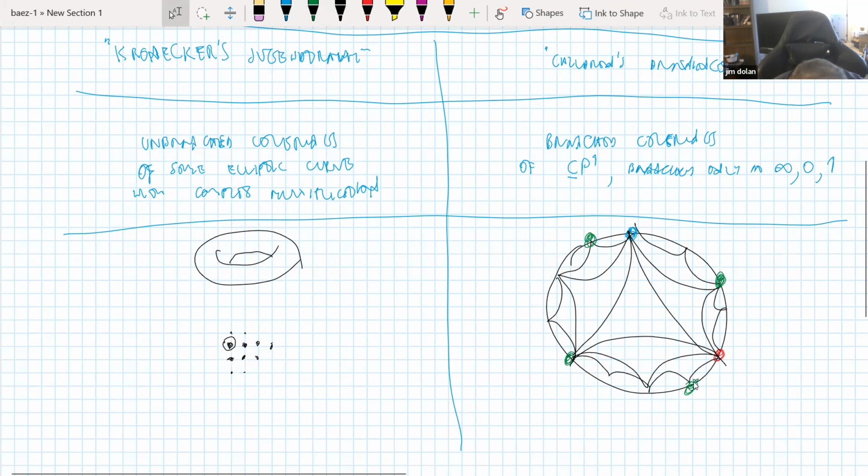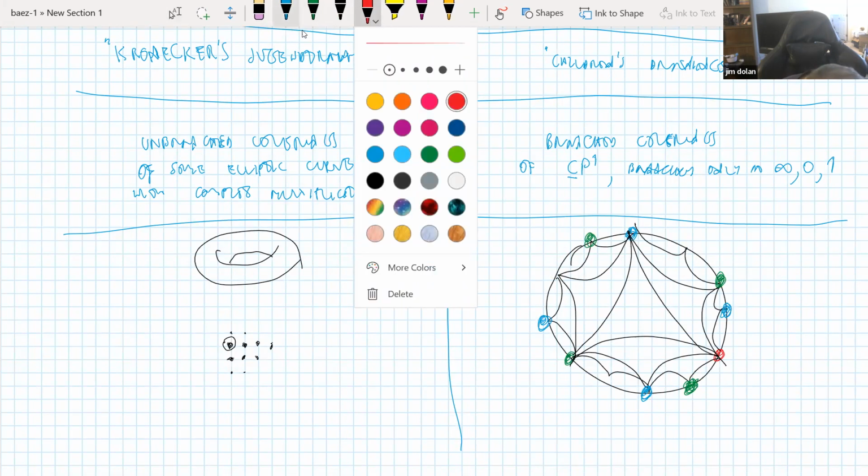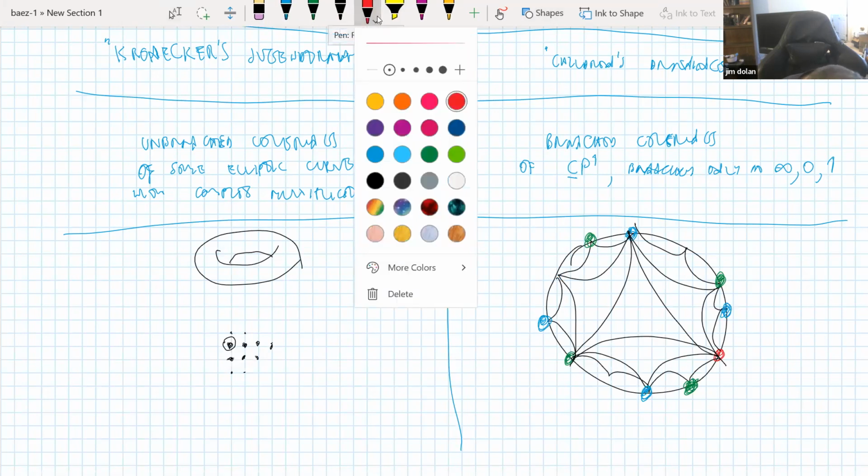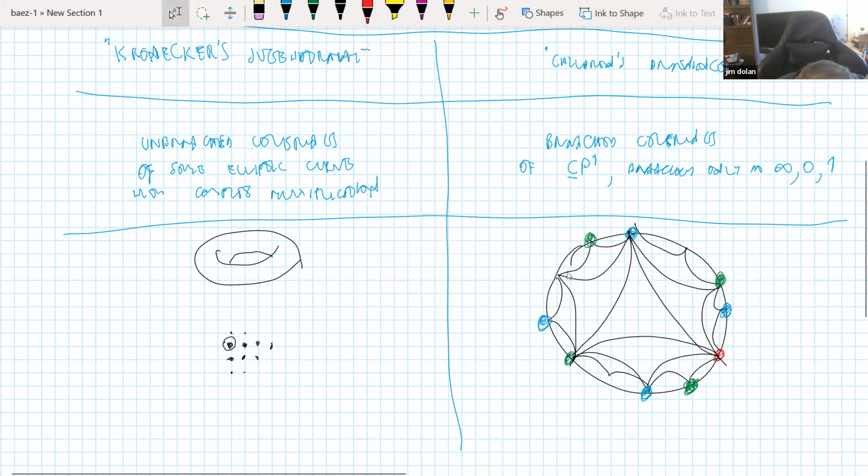Sorry. Is the coloring looking reasonably close to correct? Yep.